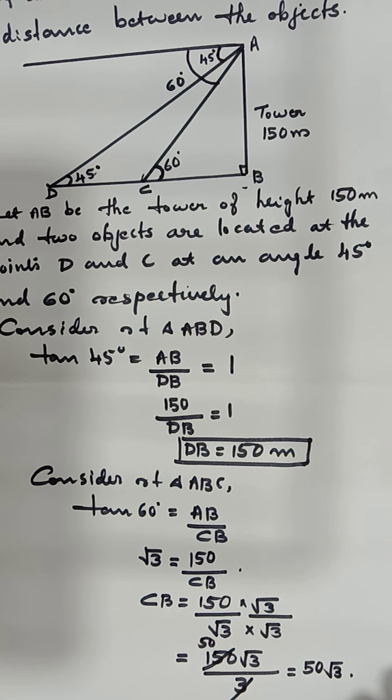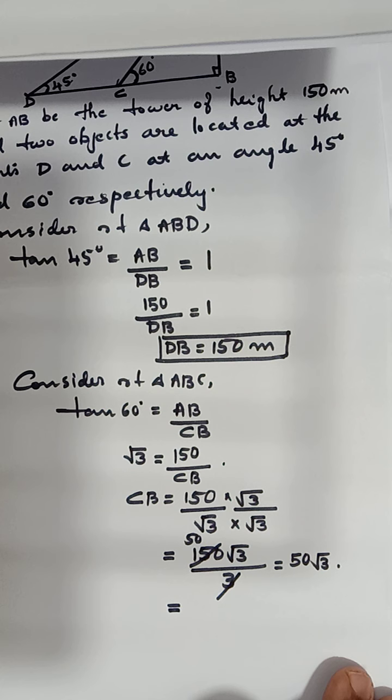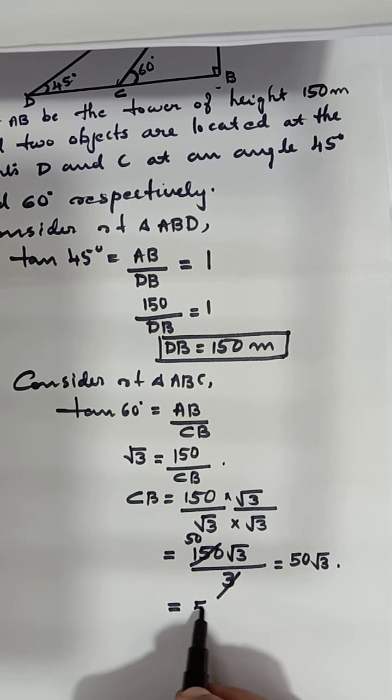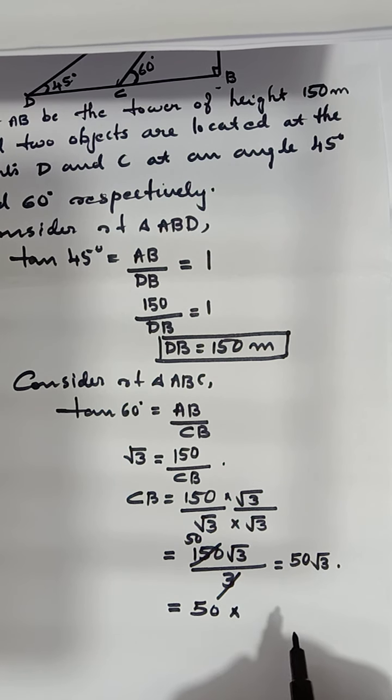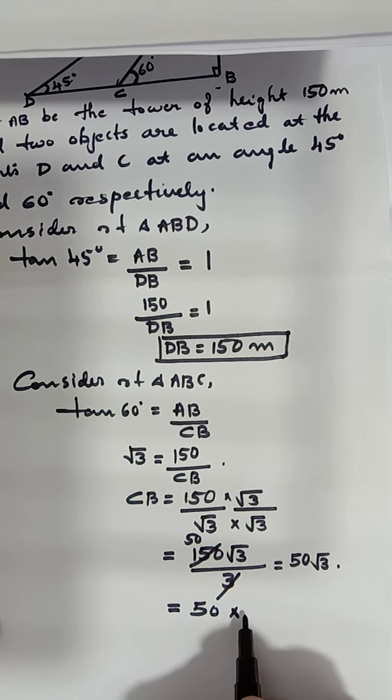To make the answer very clear, we have to use the value of root 3 in order to multiply. 50 root 3 value, let us find out. That is 50 into root 3 value. For 3 decimals I am going to write. Root 3 value, better you learn by heart. In this question, the value of root 3 is not given.